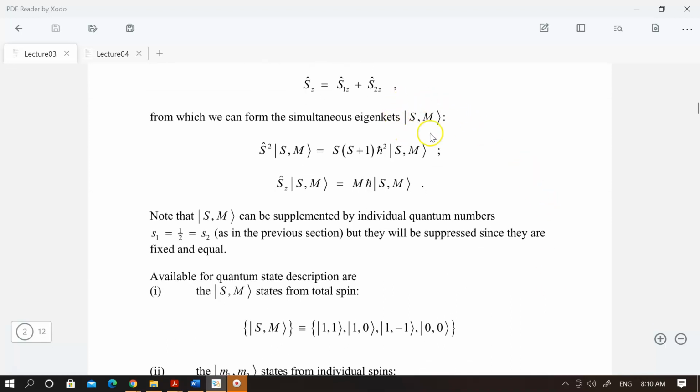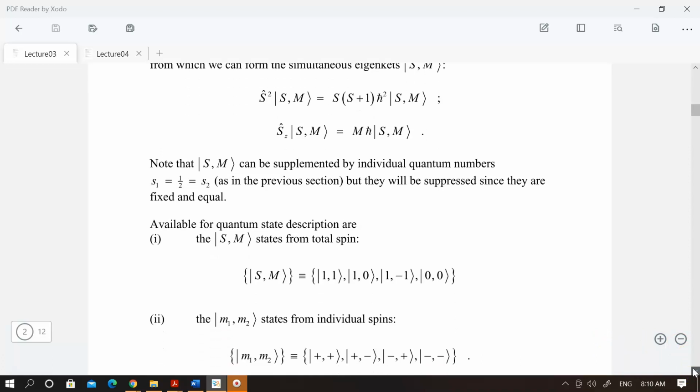One basis is essentially coming from the total spin, capital S, and then the M is the Z component of the total spin. So this will be given by these states 1 1, 1 0, 1 minus 1, and then there's one extra state, 0 0, and there is a correspondence in terms of numbers of the basis states.